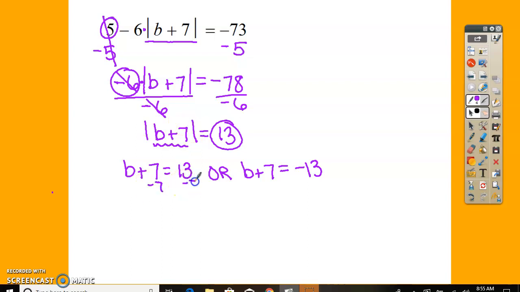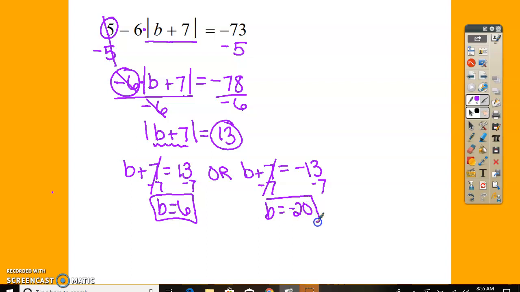Subtract 7, so you get b equals 6 for our first one. Subtract 7 here. Now you're subtracting 7 from a negative 13, so you get b equals negative 20. Those are your two possible answers. B could have been 6, or B could have been negative 20 to make that original equation true.